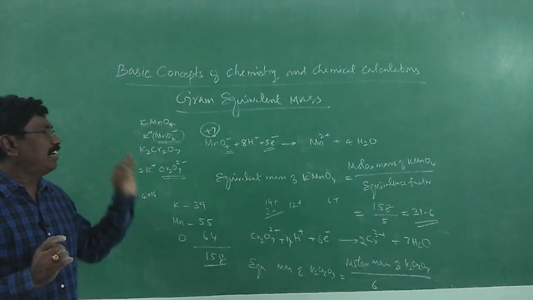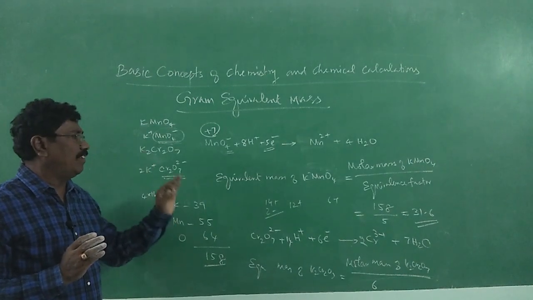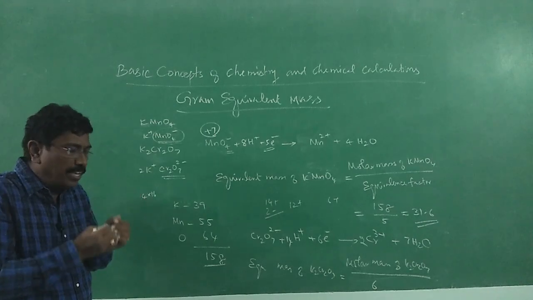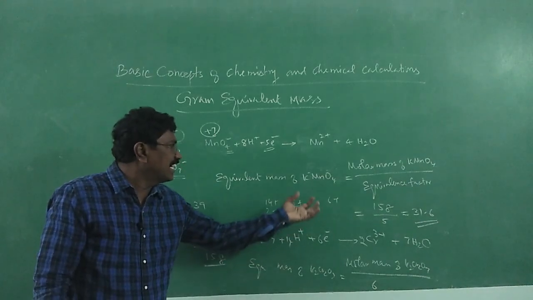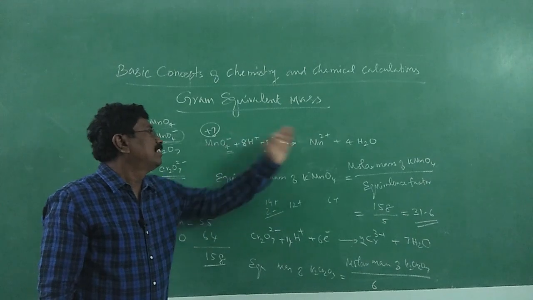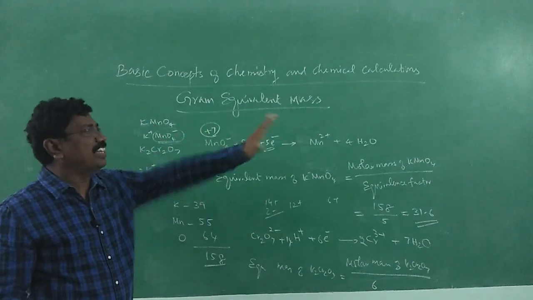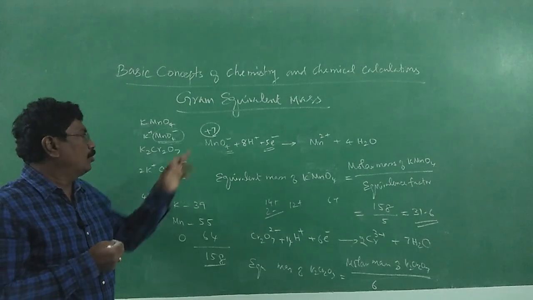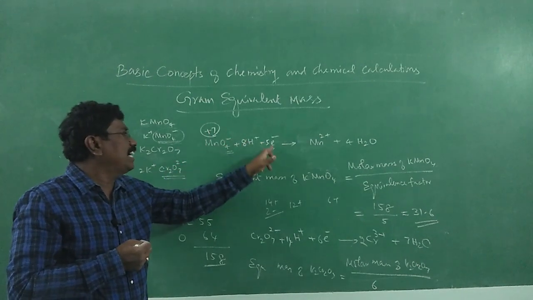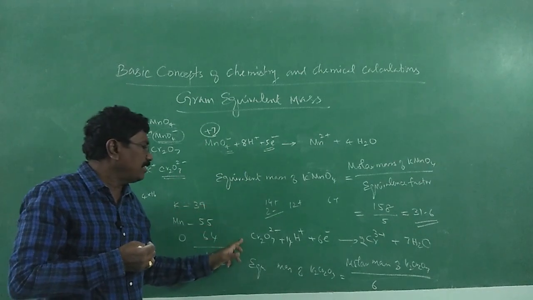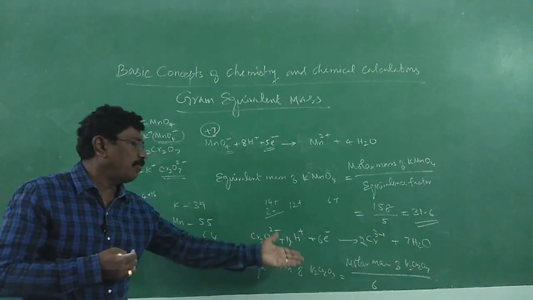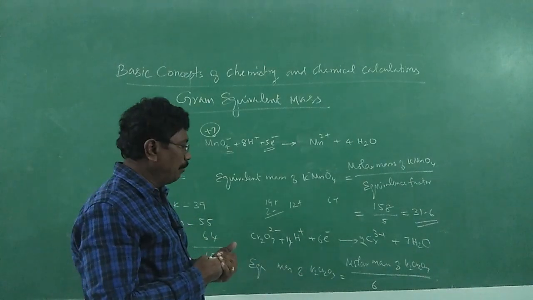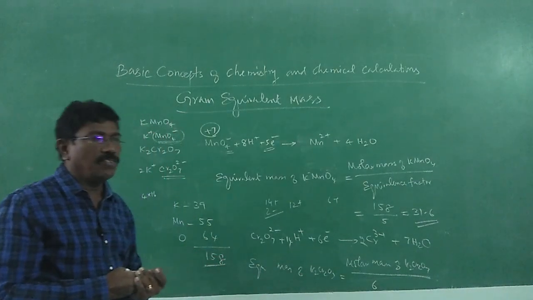So to calculate the equivalent mass of an oxidizing agent, its molar mass is divided by the number of electrons it gains for the oxidation of another substance. To oxidize another substance, it has to gain electrons. A molecule of potassium permanganate gains 5 electrons. A molecule of potassium dichromate gains 6 electrons, and therefore the equivalence factor is 6.